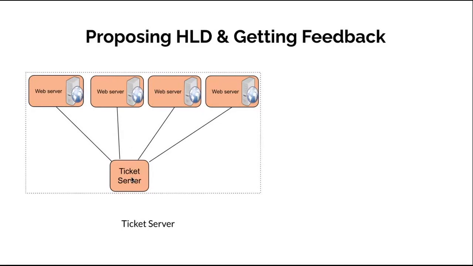So the idea here is to centralize the auto increment feature in a single database server called the ticket server. There would be just a single server to handle this whole ID generation, where we will auto increment the IDs in the single database, and then all the web servers can consume or get the IDs from this ticket server.